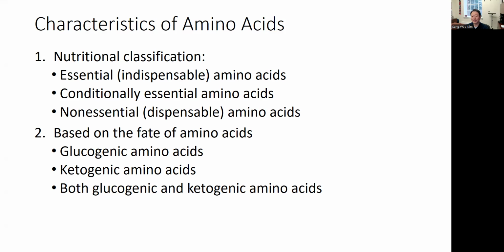I hope you learned about that in other nutrition courses. Whereas there are a few amino acids that are ketogenic, meaning they will be converted to ketone bodies through acetyl-CoA. But there are some amino acids that metabolically can be either glucogenic or ketogenic. So we can group those amino acids into these three categories.